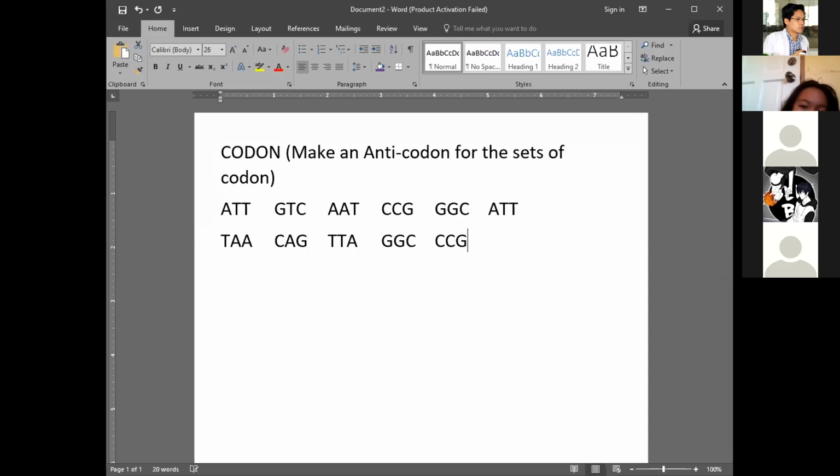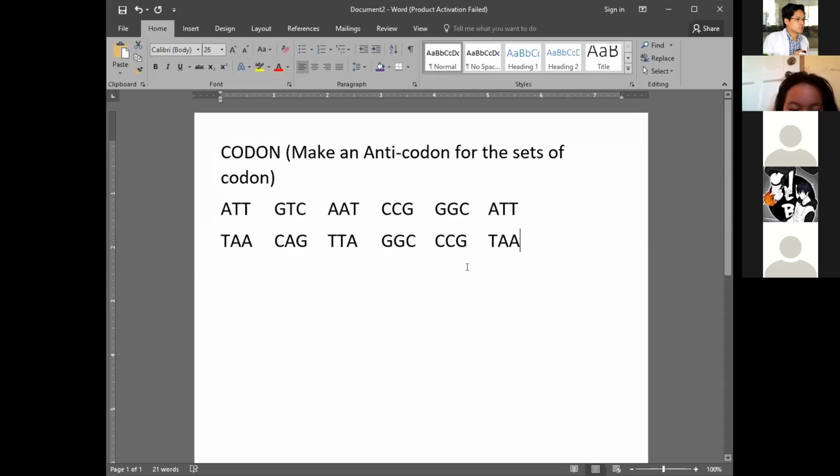Cytosine is to guanine, and adenine is to thymine. Thymine is to adenine. That's the correct answer. So your anticodon is TAA, CAG, TTA, GGC, CGG, CCG, and TAA. That's the answer.